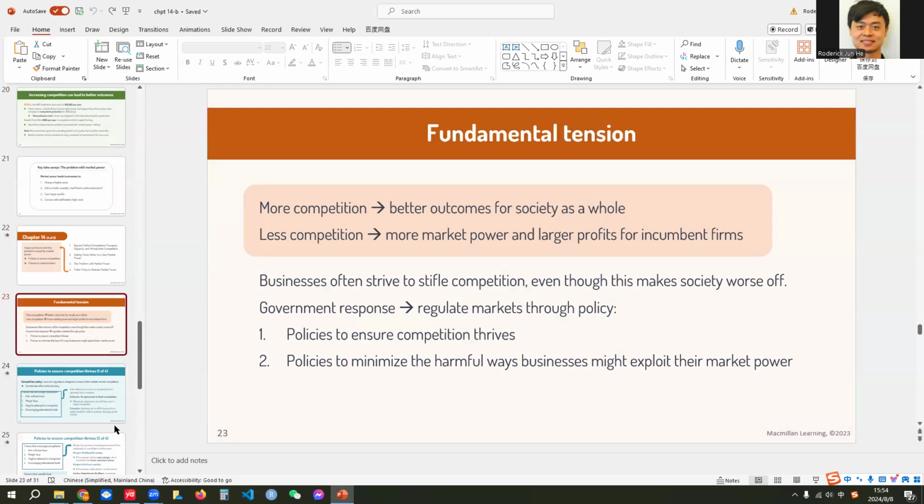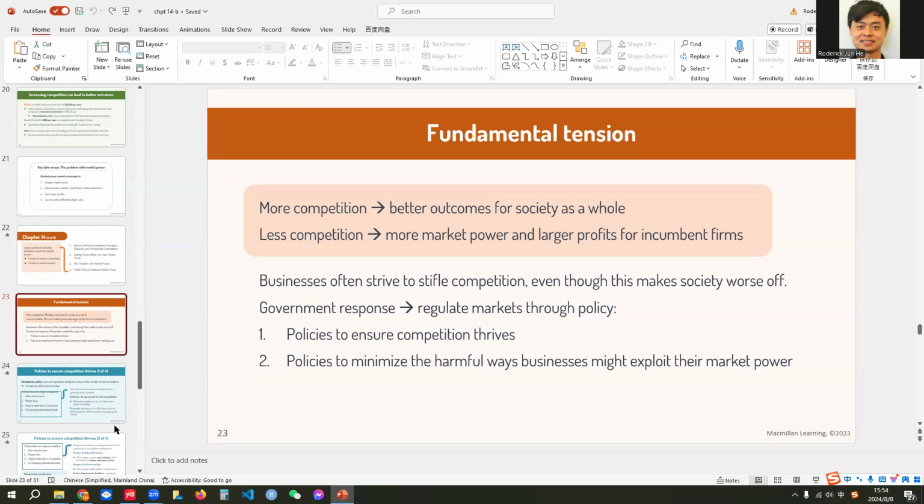As we see, more competitors will lead the society as a whole to be better, but may not benefit everyone in the society. For instance, producers, especially producers who innovated, will not be happy. And less competition causes more market power and larger profits for incumbent firms.